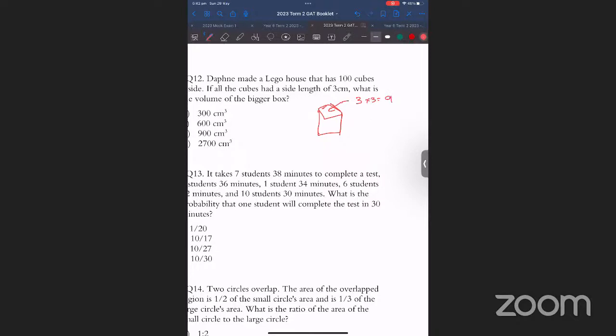This is also a cube, so the height is the same length. To find the volume, what's 9 times 3? 27. So each cube is equal to 27 centimeters cubed. Now we have 100 cubes, so you multiply 100 by the volume of each cube, and that is 2,700 centimeters cubed. That's it.